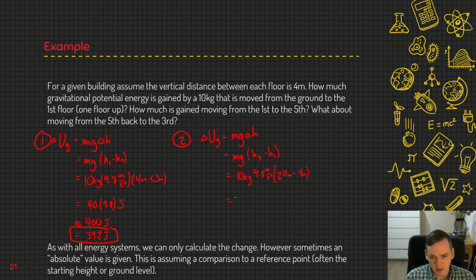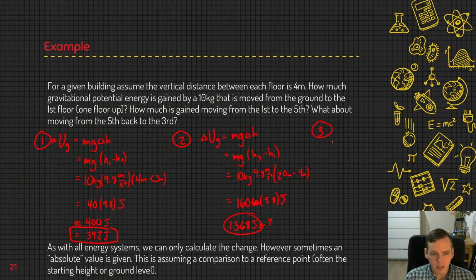So that will be 16, 160 times 9.8 joules. 0.2 times 160 would be 32. So 1,600 minus 32 would be 1,568, I believe. Double check that just in case, but that's what we get there.